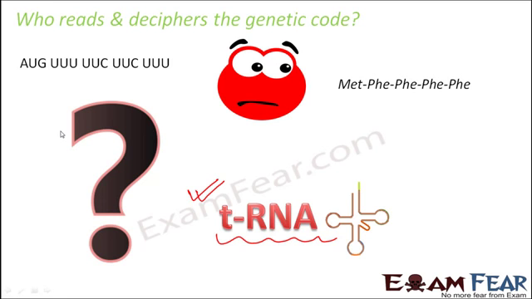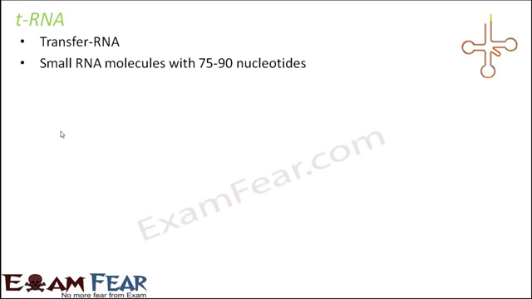So let us quickly try to understand the structure and behavior of tRNA. As you can see, the picture shows how tRNA looks. So it is transfer RNA. These are nothing but small RNA molecules with 75 to 90 nucleotides. So it is like any other RNA which has a single strand. This tRNA molecule also is just like any other RNA molecule, which is a single strand of nucleotides, just that it is comparatively shorter than the normal RNA strands.